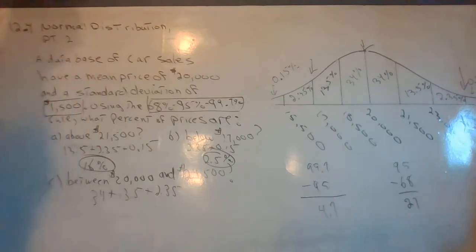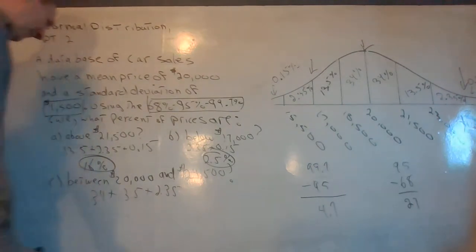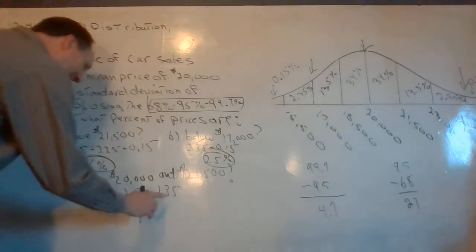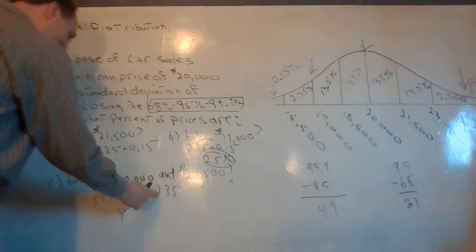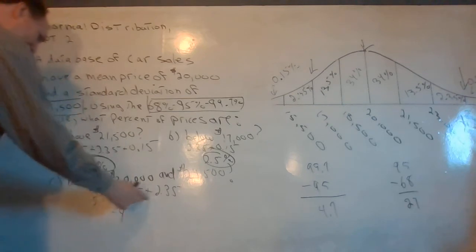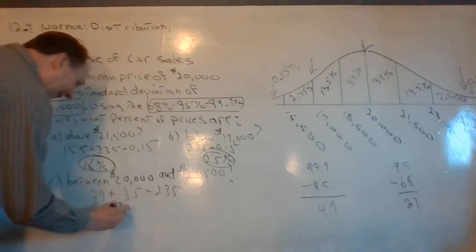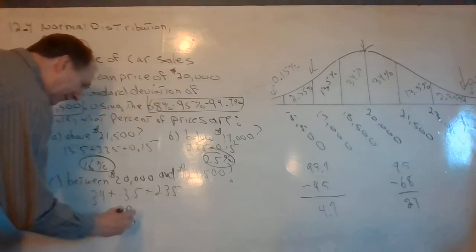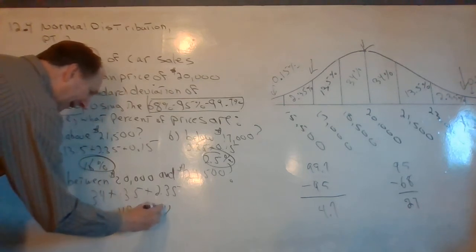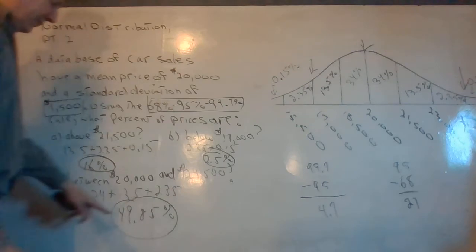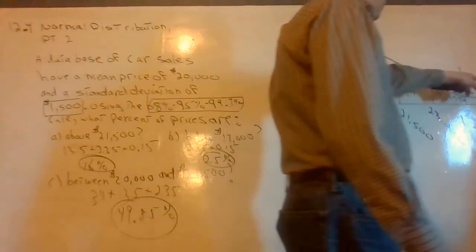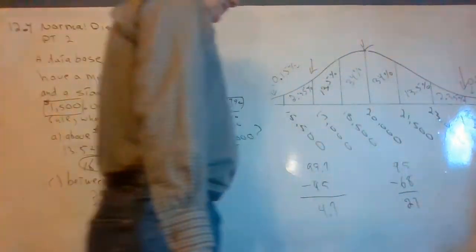And that ends up being, okay, 34 plus 13.5 is 47.5, plus 2.35 gives 49.85%. Okay, it's all of 50% except for 0.15%, so you can add it up in that way.